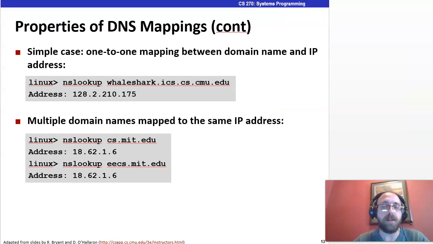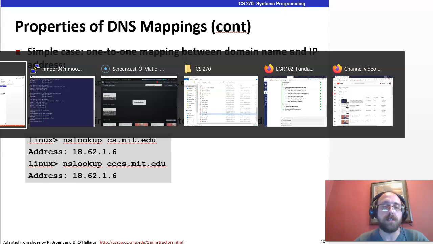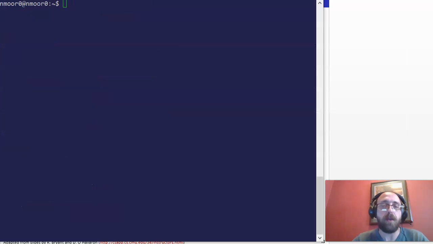All right, and let's take a look at that hostname command. So I can do hostname, and that will tell me the domain name for my particular machine. In this case, it's nmore0, which is short for nmore0.cs.uky.edu.